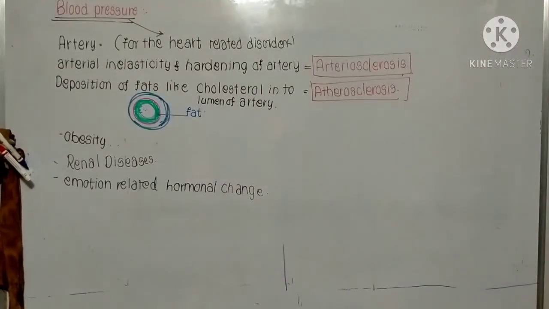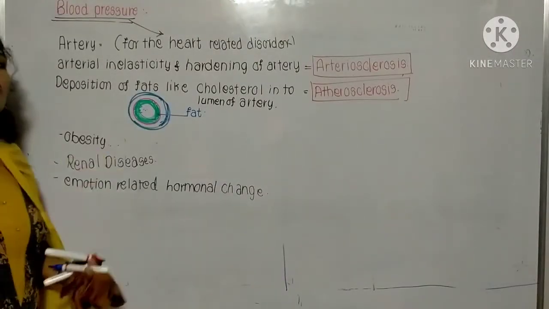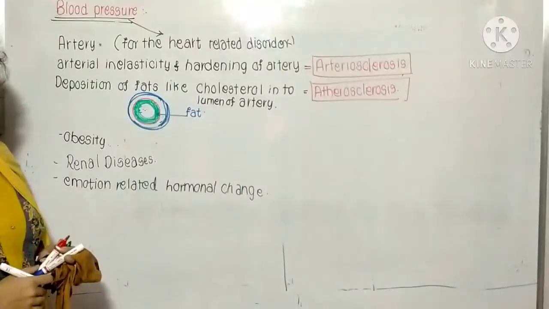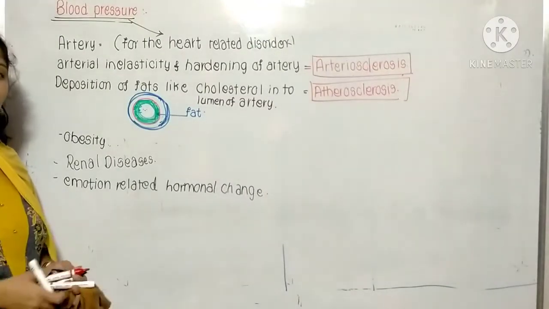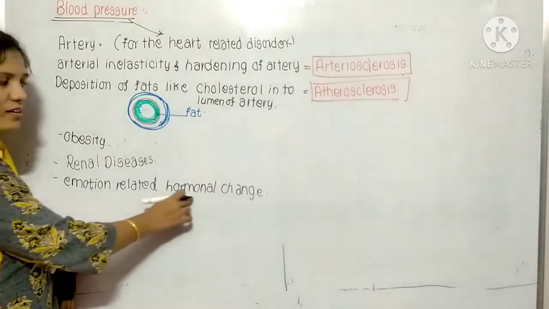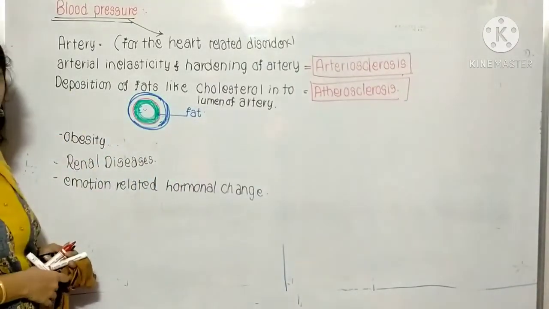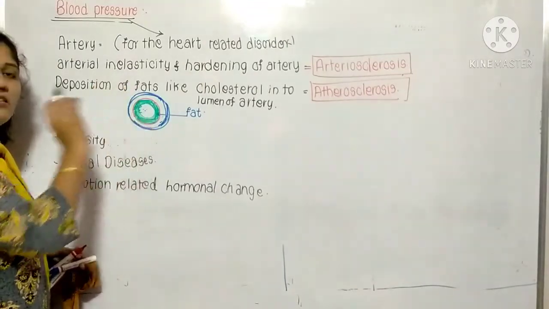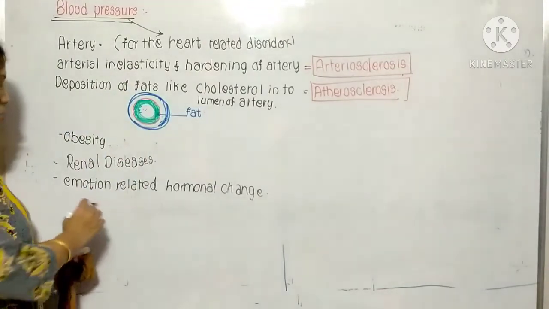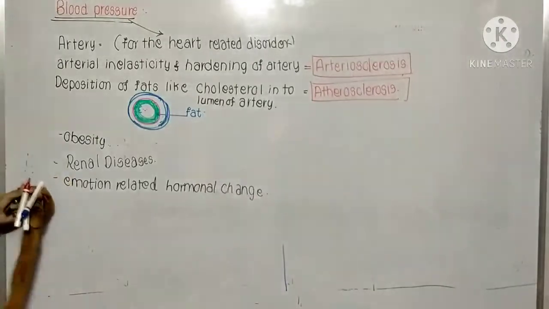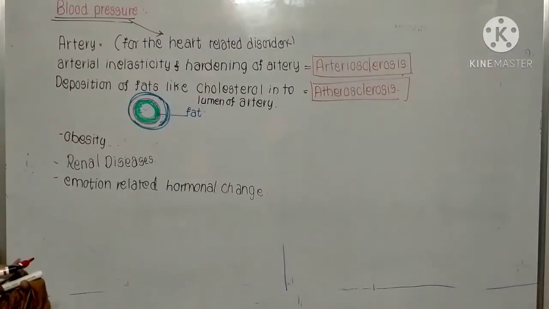For example, if you suddenly get some good news, you can still get an attack. Sometimes you suddenly get bad news, and you also get a heart attack. Because suddenly changes take place in the hormones, and it causes an increase in blood pressure. So these are the reasons for these blood related disorders.